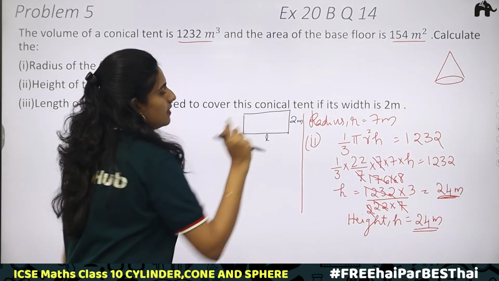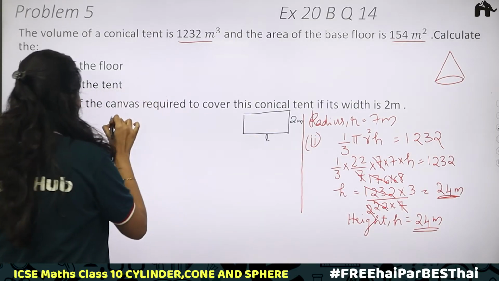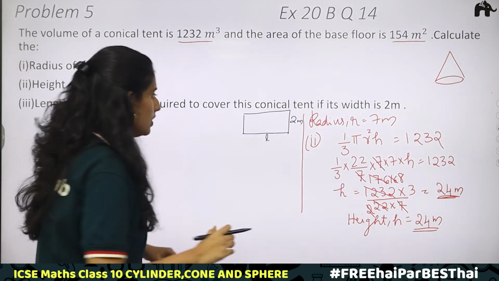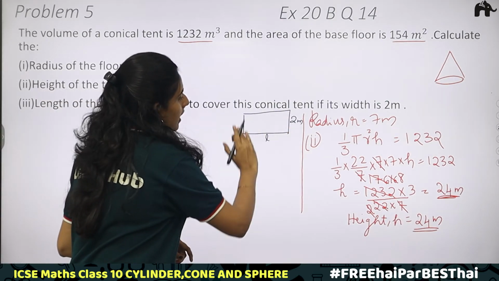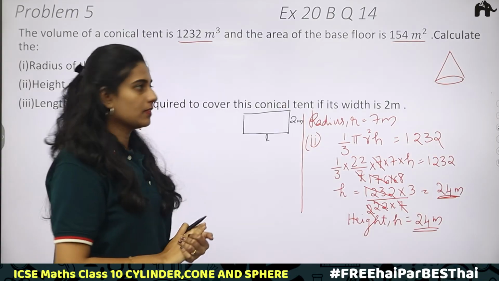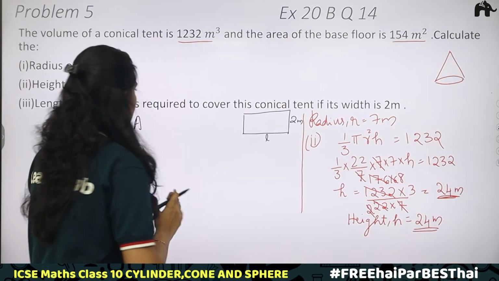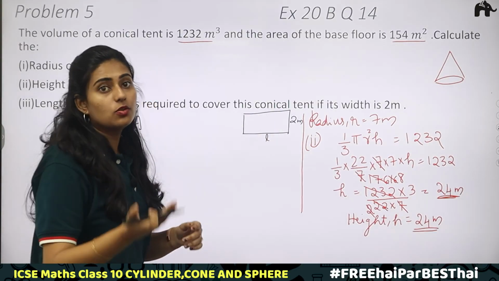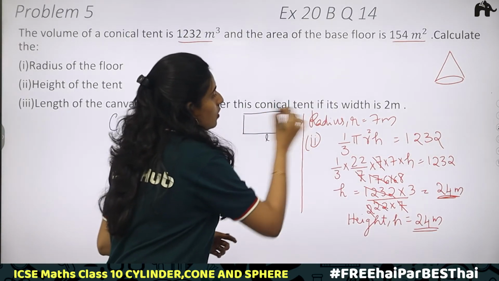How to find the curved surface area? Curved surface area of a conical tent will be equal to the area of this rectangle, because you don't want the base in case of a conical tent.